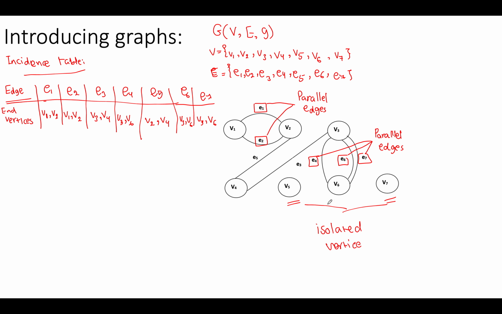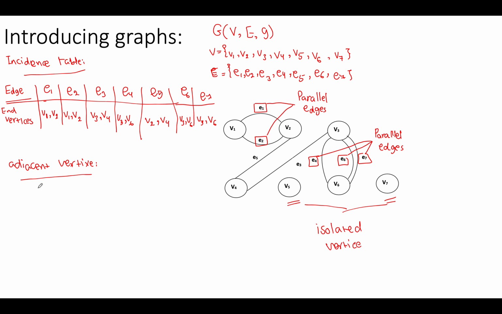All right, now we have something called the adjacent vertex. Adjacent vertex is when we got an edge connecting it.